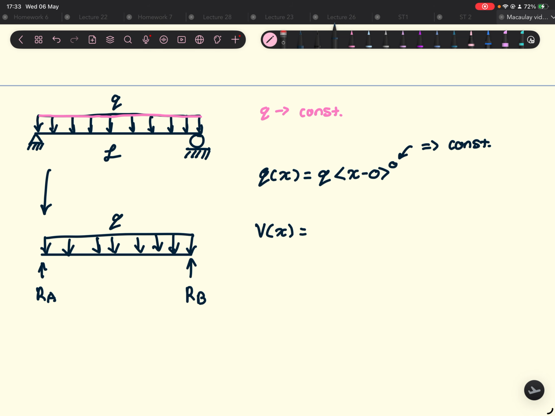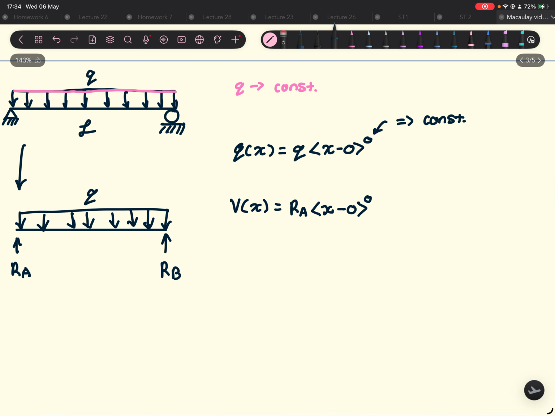So our shear force, we expect RA to have an effect through the entire length of the beam. So our first term we could write as RA, and RA has a constant effect, doesn't change as x changes, right? So x minus 0 because it starts from 0, and then to the power 0 because it's constant.